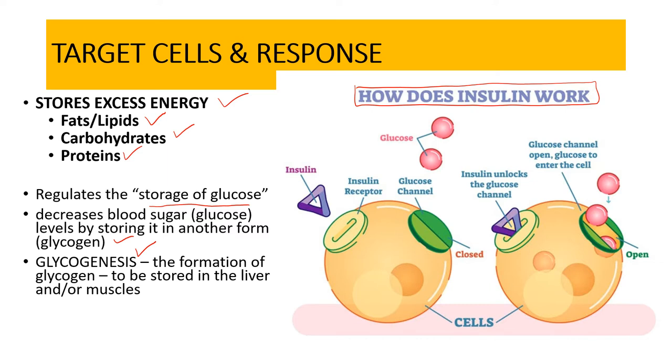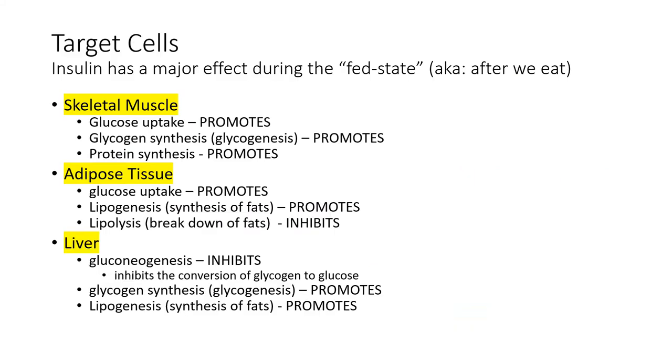So your cells have the ability to take up glucose, but not unless insulin is present. So when insulin shows up, it's like a lock and key mechanism here with your cell. It's going to go in and lock, and then that's going to open the glucose channel to allow glucose to come in. So without the insulin, glucose will not enter the cells.